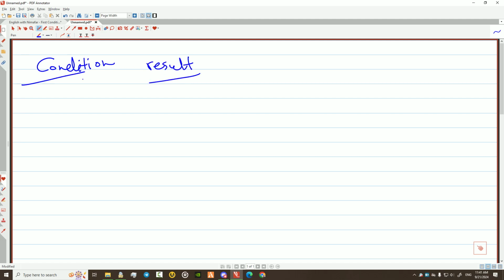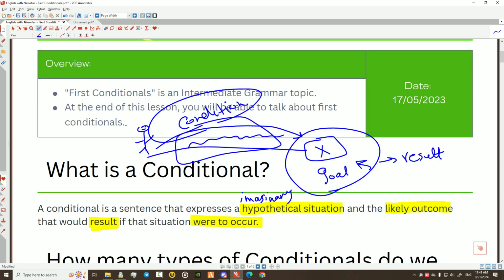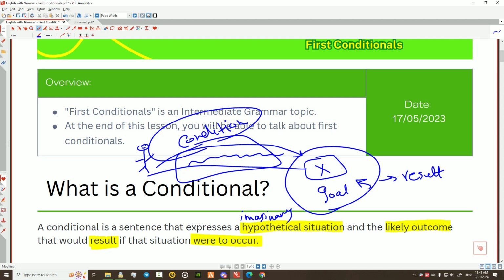There are so many names, we will talk about them. So just keep it in mind, condition and result. So that's the meaning of a conditional sentence. It expresses A, a hypothetical situation, and B, the likely outcome that would result if that situation were to occur. Means provided that we have that situation.